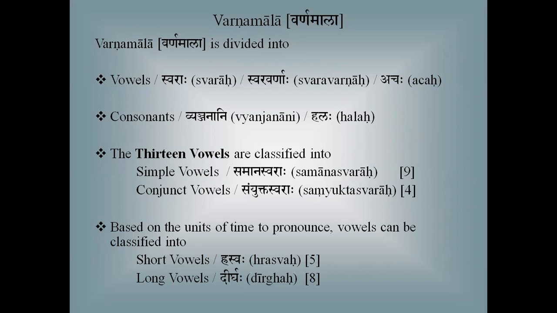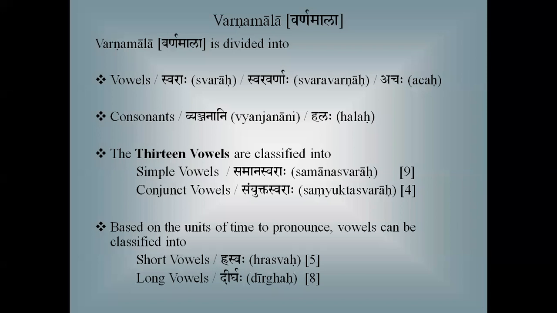And we have seen that the vowels are classified in one way as simple vowels and conjunct vowels. Simple vowels are called Samanaswaraha and conjunct vowels are Sanyukta Swaraha. So there are 9 simple vowels and 4 conjunct vowels. And we know the difference between the simple vowels and the conjunct vowels.